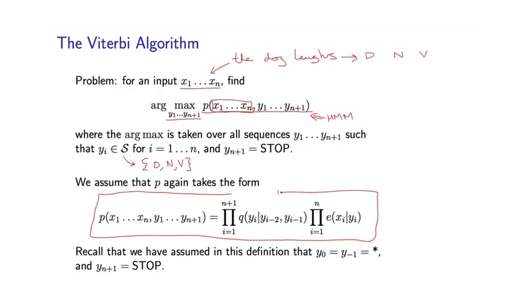So this is this structure again. Just to recap, I have a product of q terms from i equals 1 to n plus 1. Remember, yn plus 1 is always equal to the stop symbol. And then I have a product of e terms, such as e of "the" given that I have determiner as the tag.